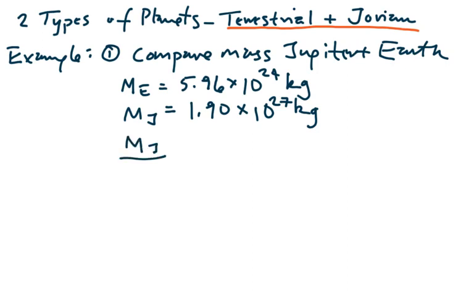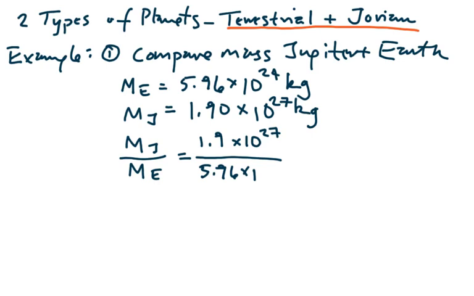So we'll form a ratio of the mass of Jupiter compared to the mass of the Earth and substitute the two values. So 1.9 times 10 to the 27 in the numerator and 5.96 times 10 to the 24 in the denominator.